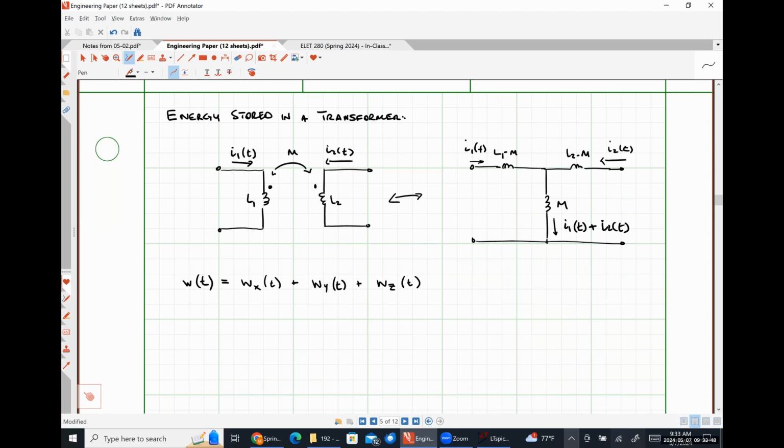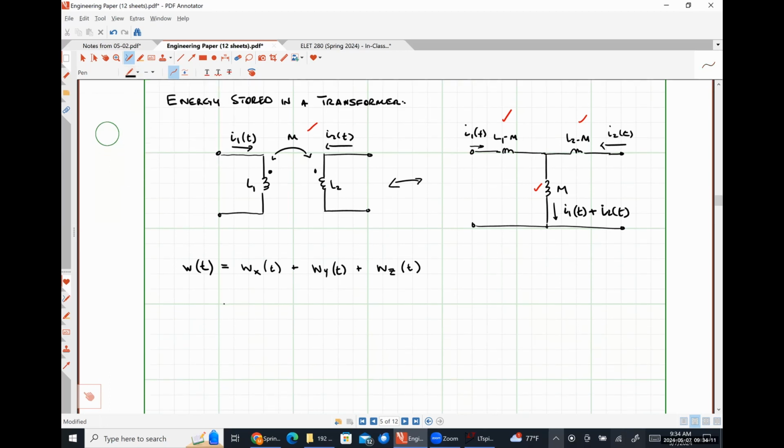So it's just the sum of this guy plus this guy plus this guy added together, the total energy stored in the transformer. And because our T equivalent circuit is electrically equivalent, it must be the same thing as the total energy stored in our original transformer. So, any of you guys remember what the equation for energy stored in an inductor is?